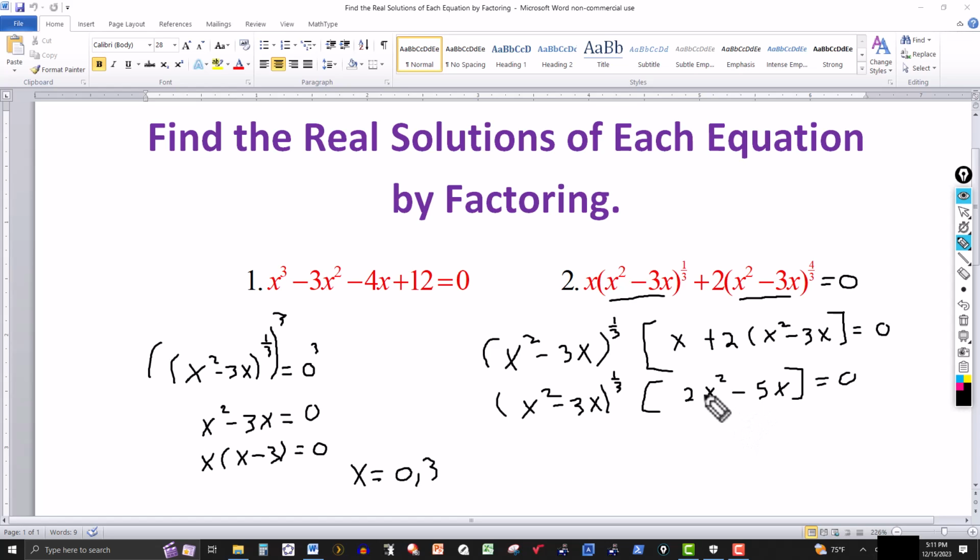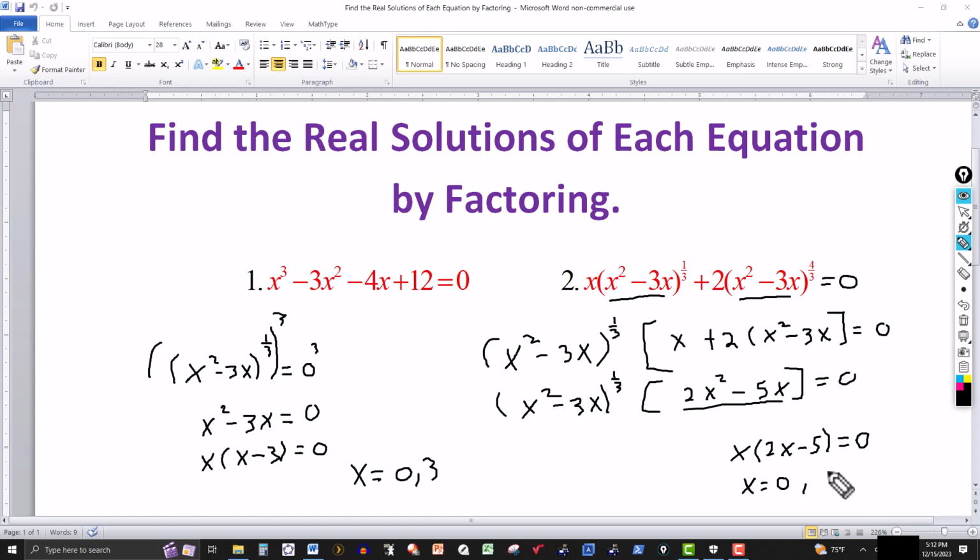Now for this one, 2x squared minus 5x can be 0. So let's just go ahead and factor it first. I'll take out an x here, leaving 2x minus 5. So x times 2x minus 5, that product can be 0. So that means that x could equal 0. We already have 0 on the other one, so we don't have to put it twice.